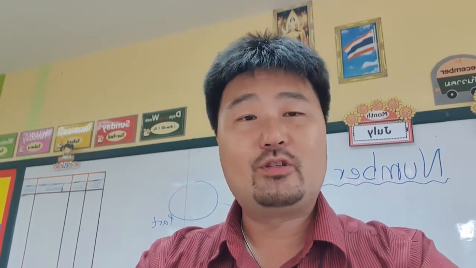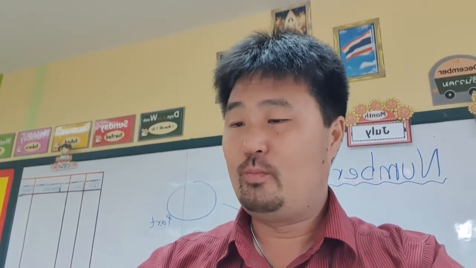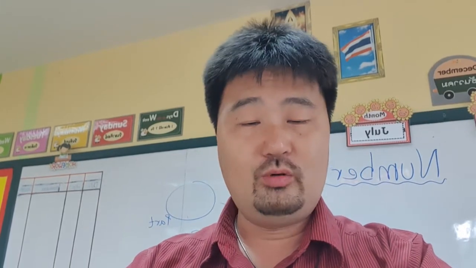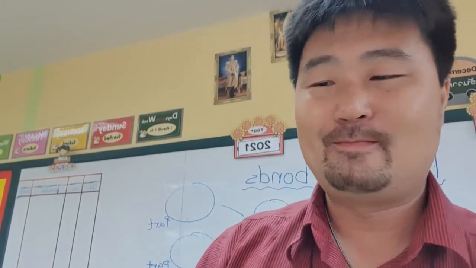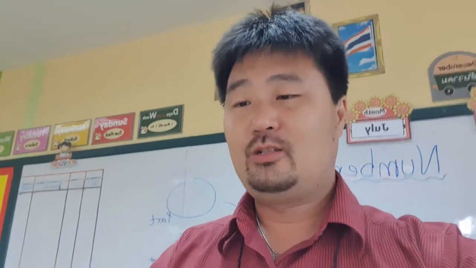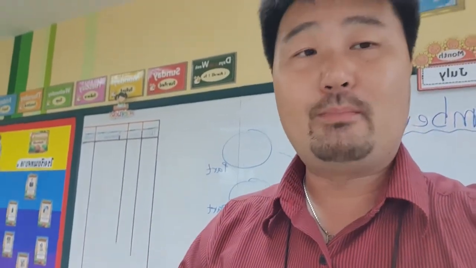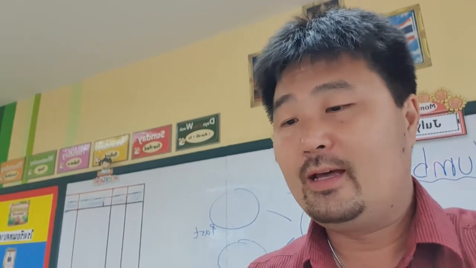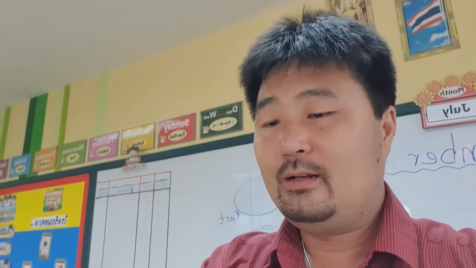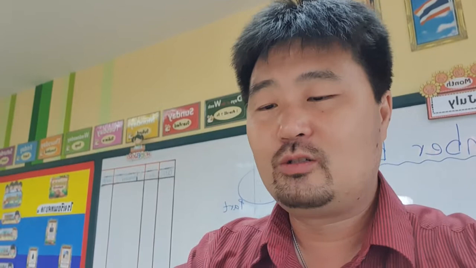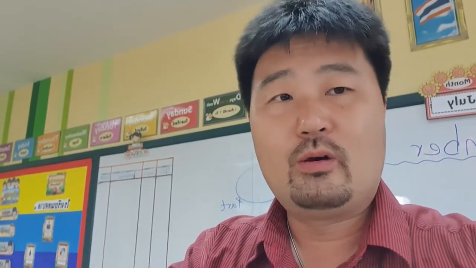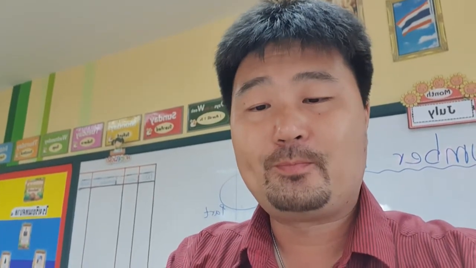So, please take out your maths book and open them to page 32 and 33. Alright, so this will be the last video clip we're going to do about number bonds, and this will be the hardest part because we are going to deal with word problems.